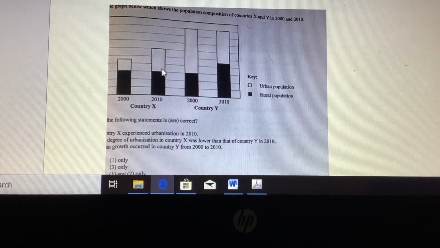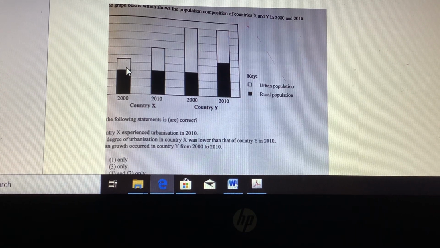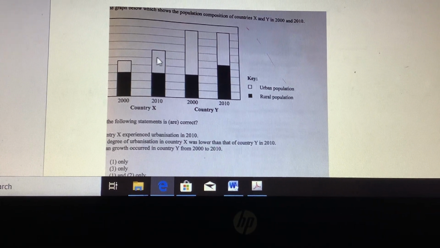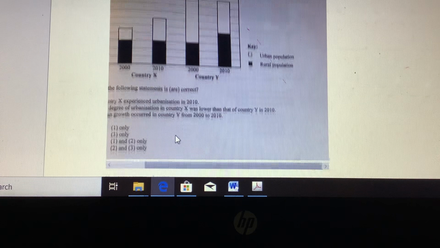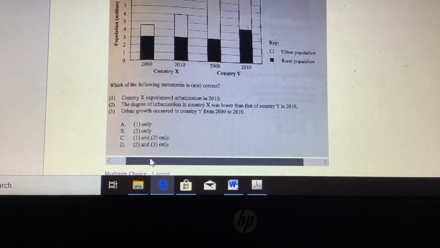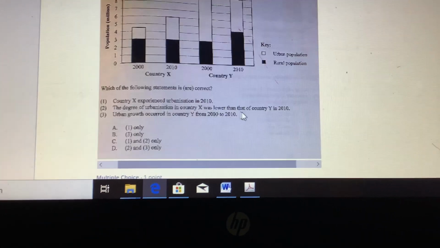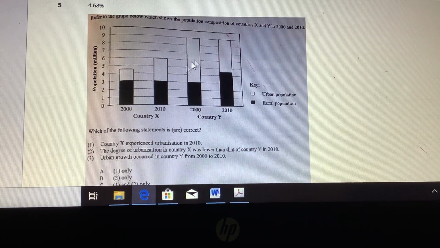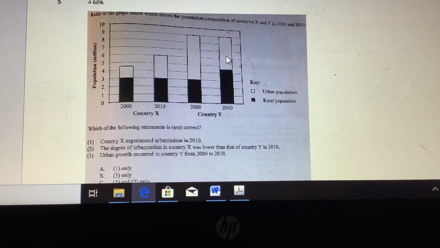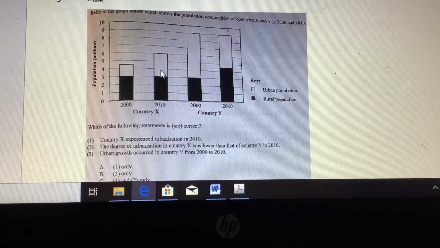The proportion of the right bar here is around 30-something percent, but here it's almost 50%. So country X is experiencing urbanization. This is right. The degree of urbanization in country X was lower than that of country Y in 2010. Is it the case? It's very hard to see, but in general you can count here.